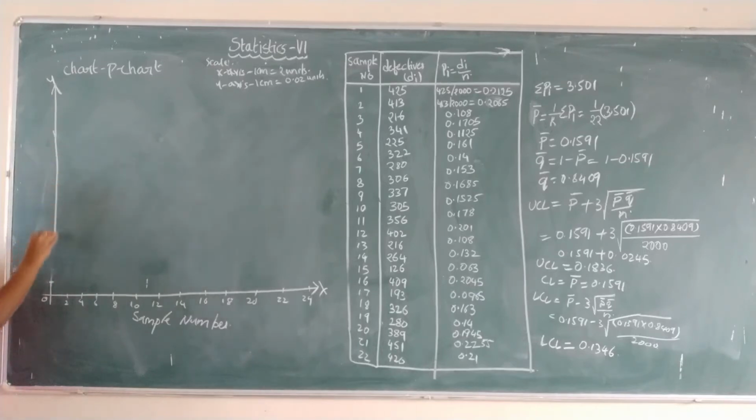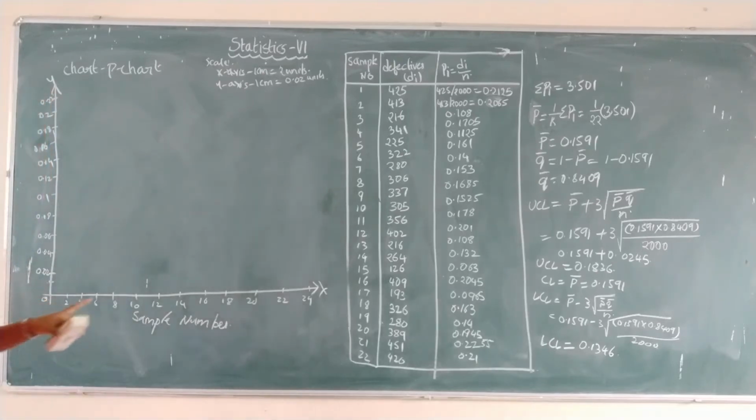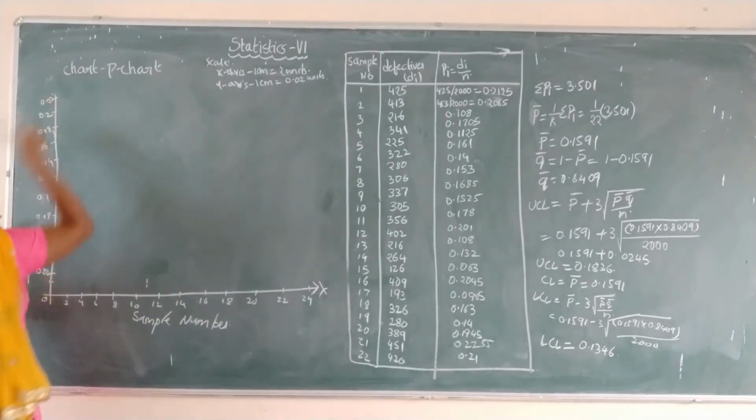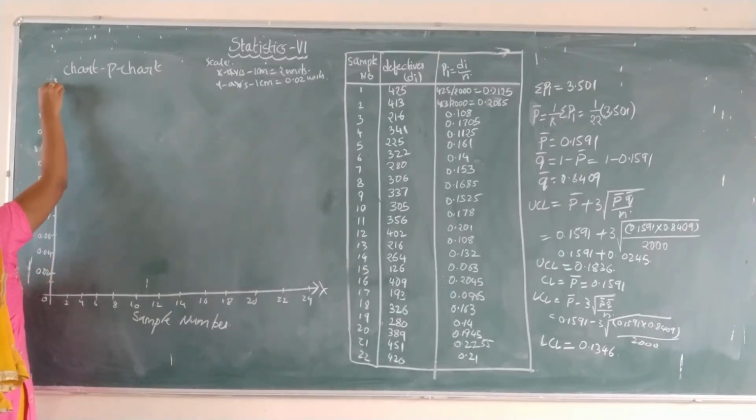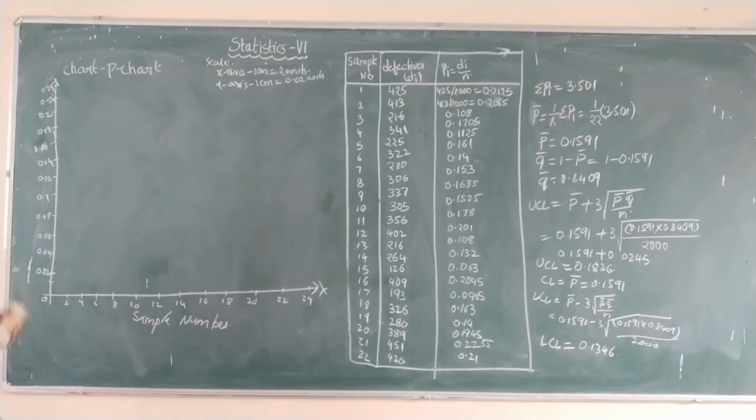So we'll draw it a little bigger: 0.02, 0.04, 0.06, 0.08, 0.1, 0.12, 0.14, 0.16, 0.18, 0.2, 0.22, and right up to 0.24. On the y-axis we are representing the proportions, that is, the fraction of defectives.